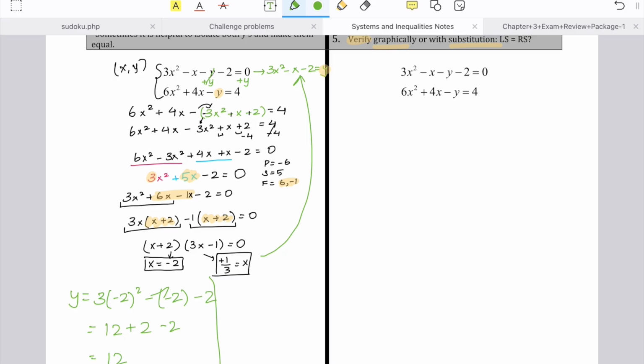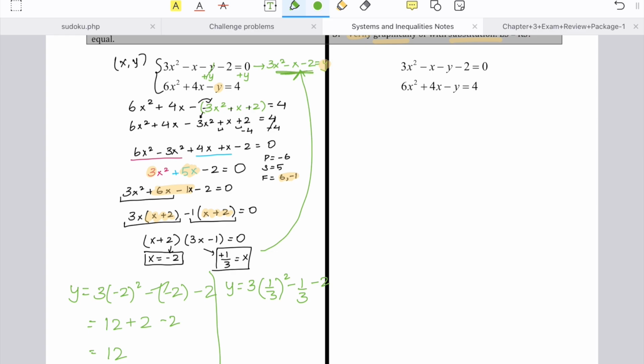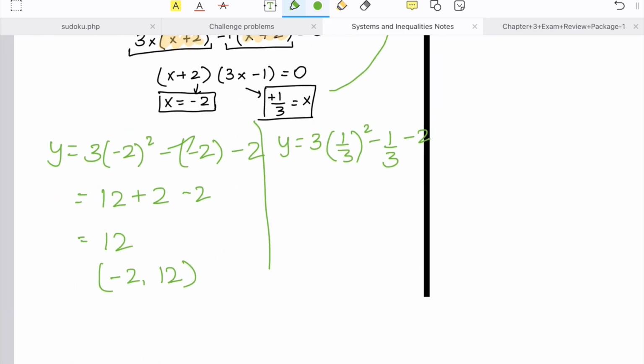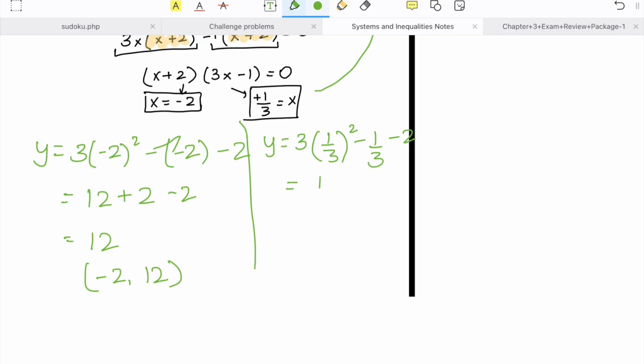And for the second one, y is equal to 3 times 1/3 squared minus 1/3 minus 2. Just copying whatever is here in this equation. So now I'm left with 1/3 minus 1/3 minus 2. So y is equal to negative 2 because these are just zeros.